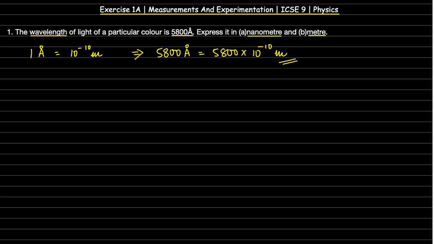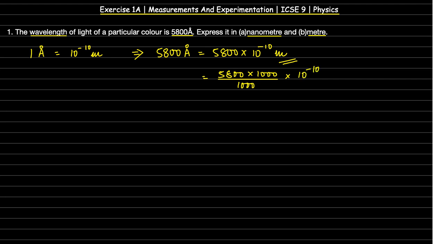In order to get the textbook answer, I would be dividing and multiplying by 1000. So that would give me 5800 into 1000 divided by 1000 into 10 to the power of minus 10.